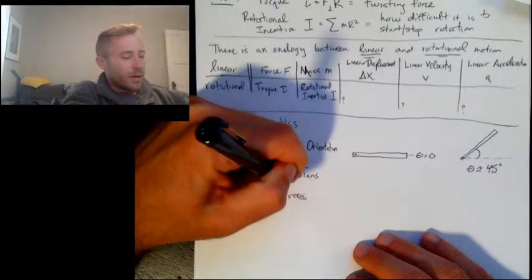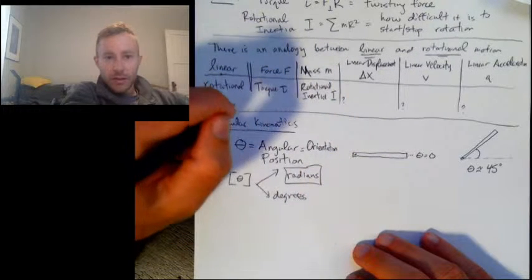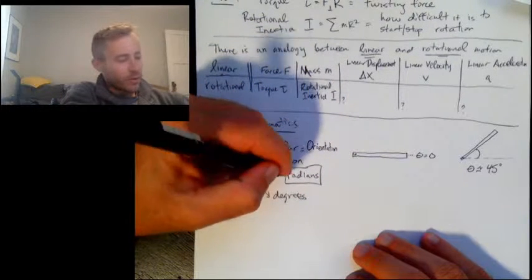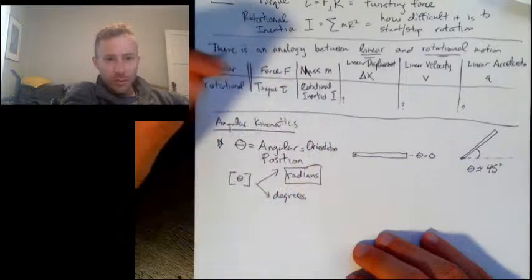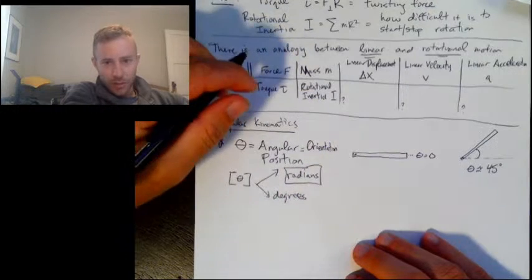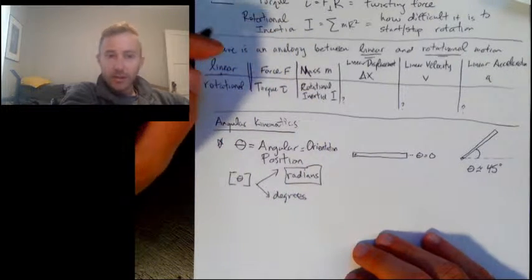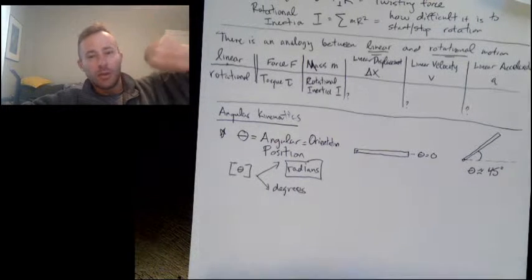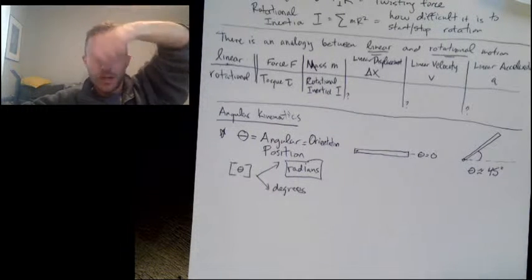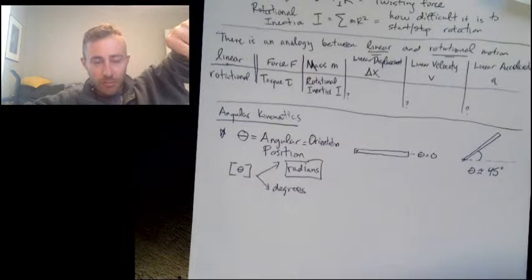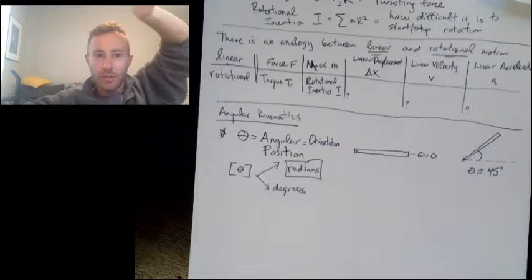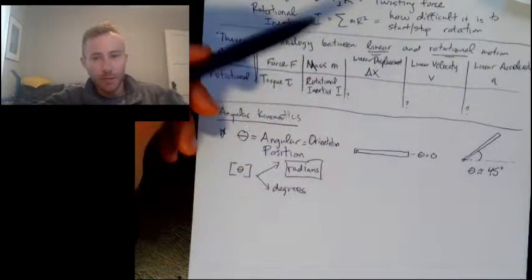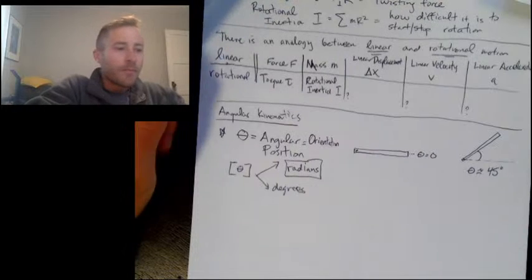I'll explain why in next week's lesson, but it turns out that radians is the unit that we want to use when we're talking about angular kinematics. So just to remind you about radians, a full circle going around a full time is 2 pi radians. Going around a half time is pi radians. A quarter time is pi over 2 radians, and so on.